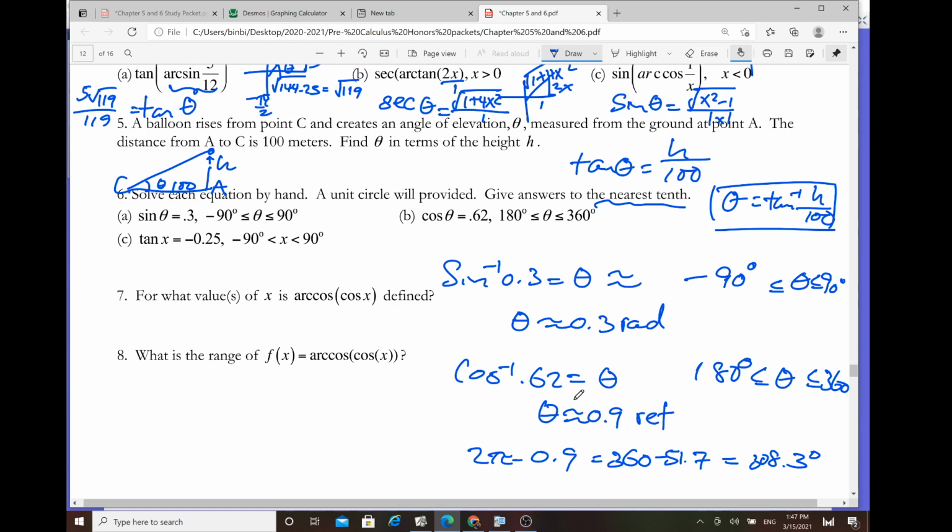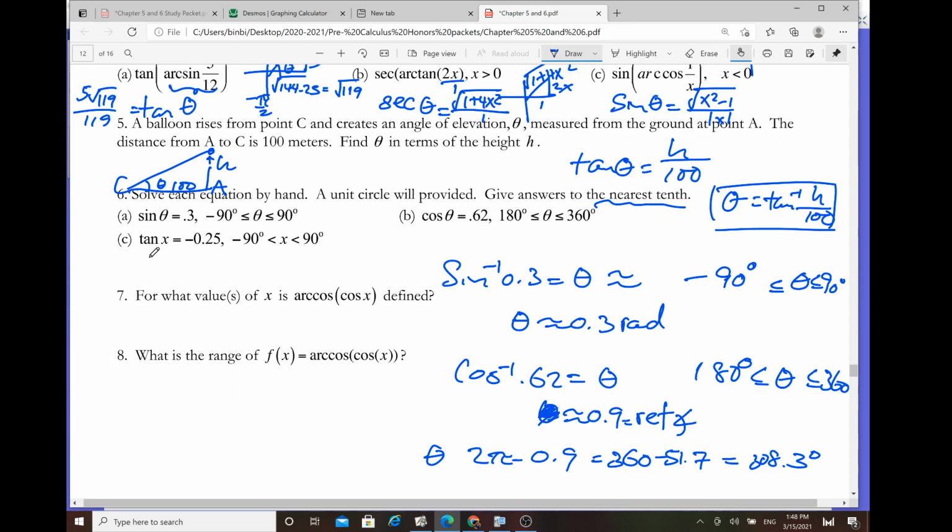Because the ratio is positive, and the restricted range is from 180 to 360, that means the angle is located in quadrant 4. So the one that we found here on the calculator is just the acute angle, which is the reference angle. So subtract from 2 pi to get the measure of theta. You don't want to include that as theta, just the reference angle.